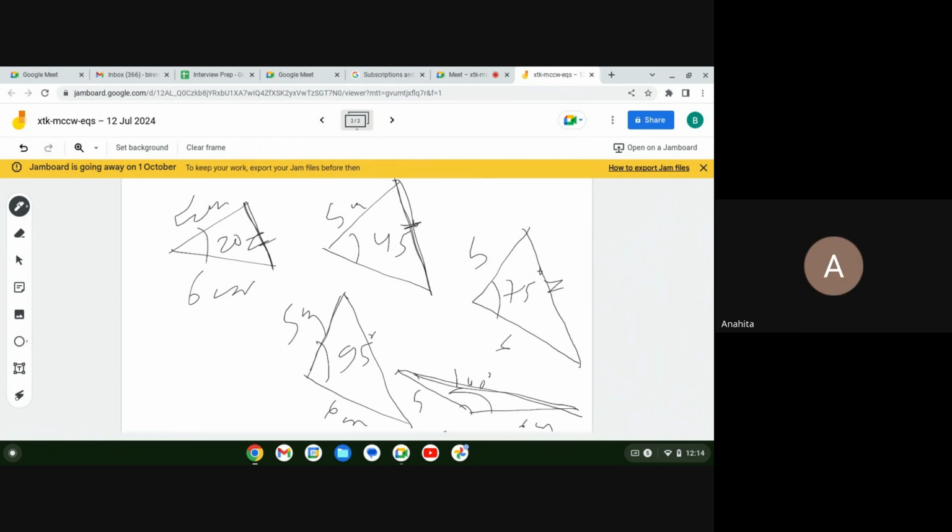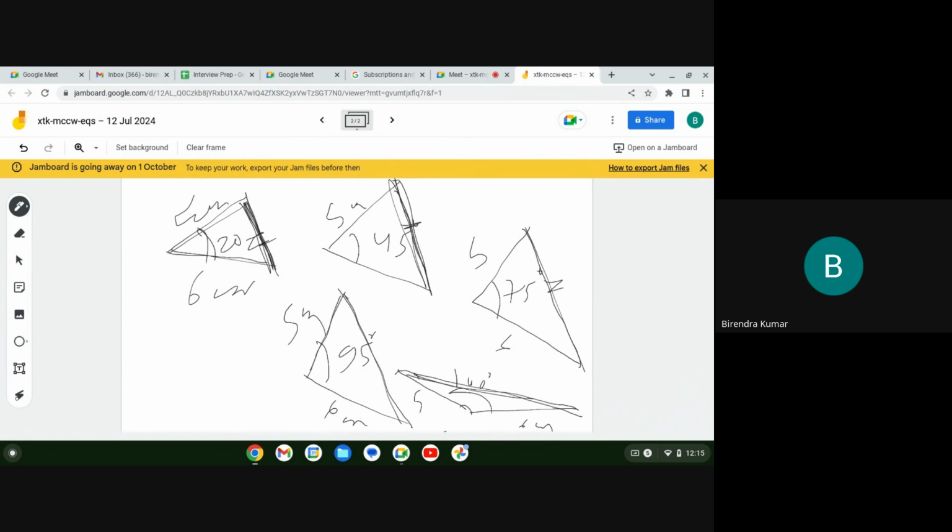So what it means is the length of this side is a function of two things: this side and this side's length, and the angle between them. If the lengths of the sides remain the same and the angle keeps on changing, the length of this side keeps on changing.